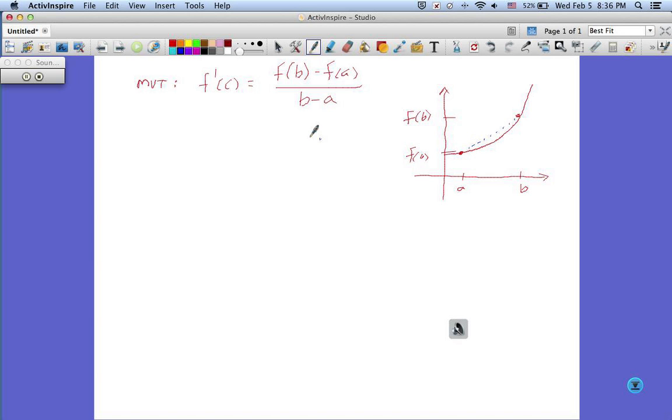That's a secant line. Well, f prime of c says there is some c value in here such that there's a tangent line that has the exact same slope. So that's what this is saying here.